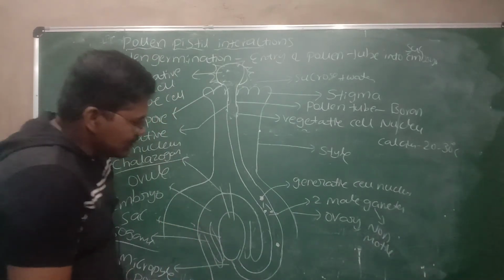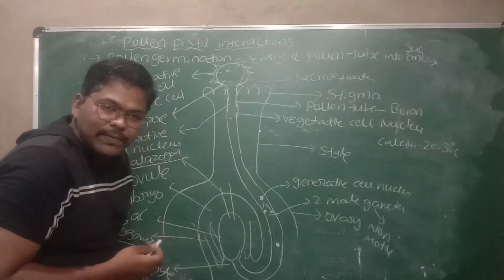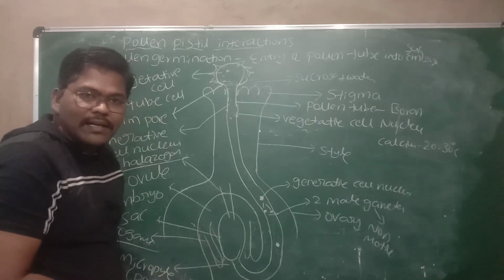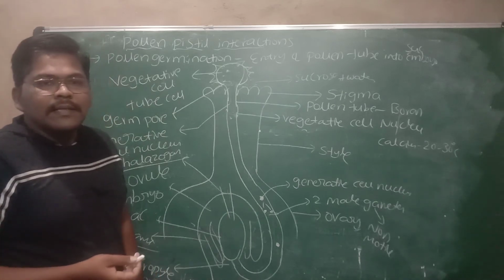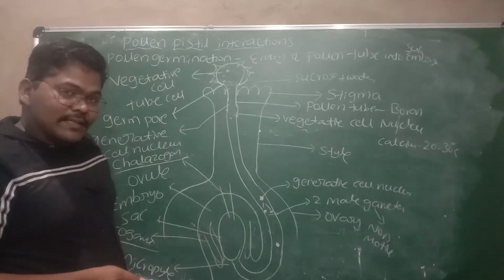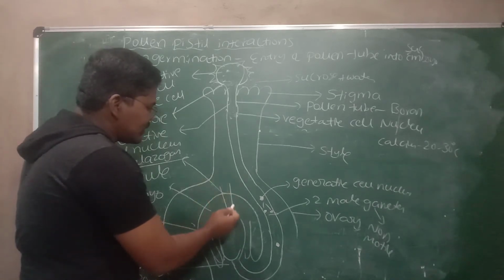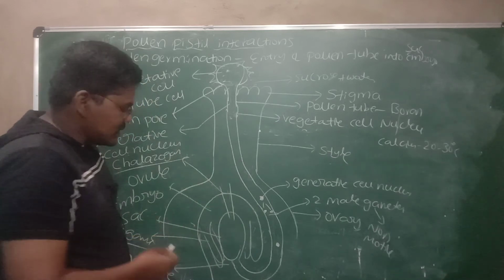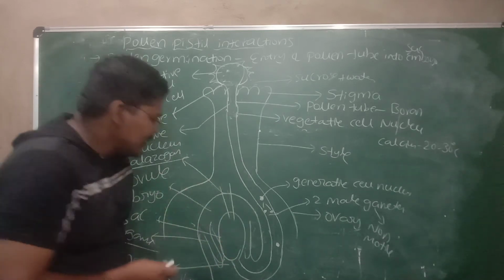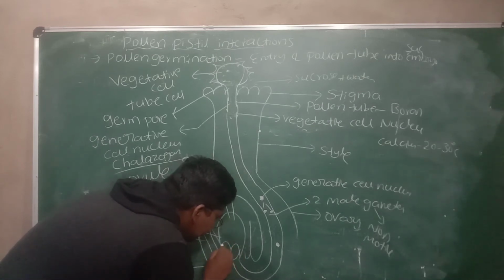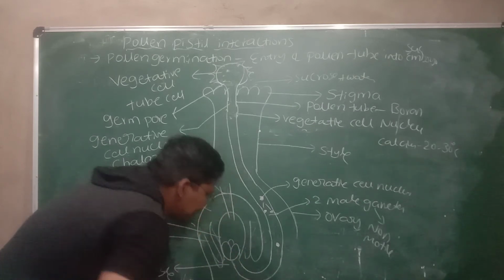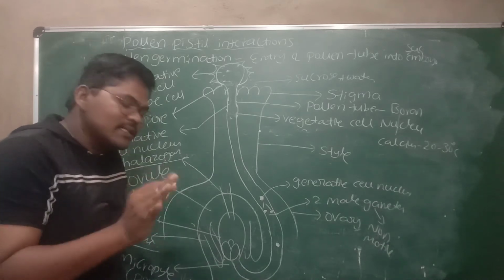After that, what happens? The pollen tube has entered the ovule through the micropyle, the integuments, or the chalaza. If it enters the ovule through any of these three, it again enters into the embryo sac through the synergid only.